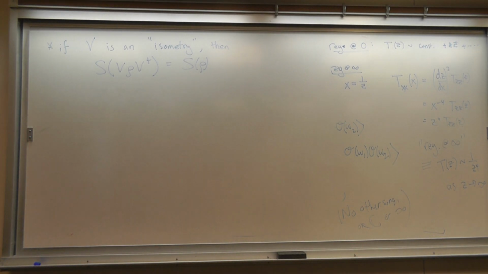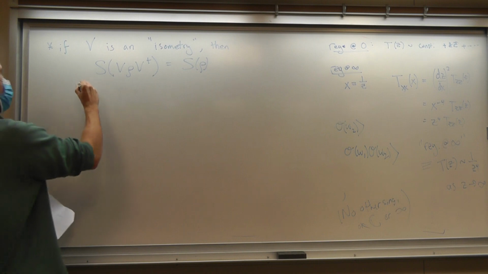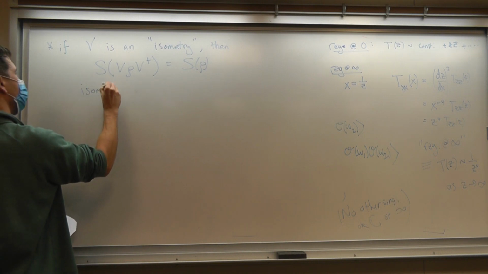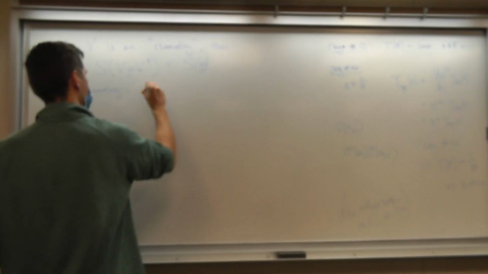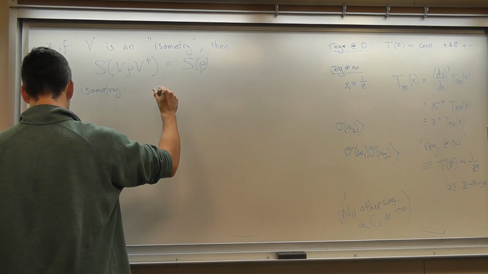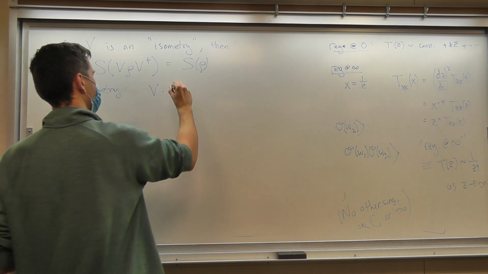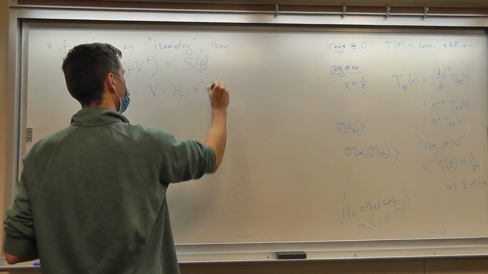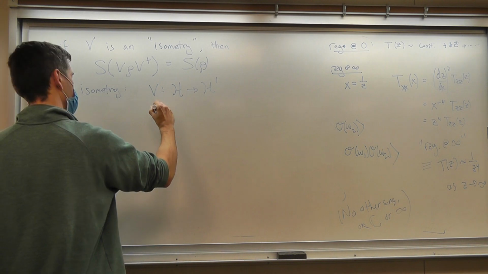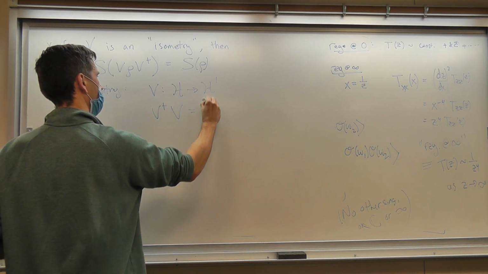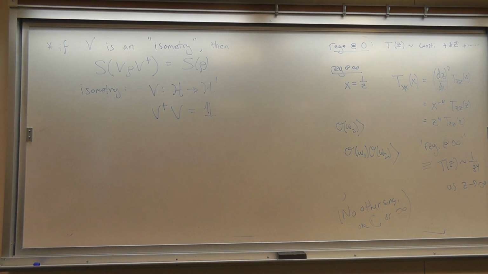So an isometry is kind of like a unitary, but an isometry can map to a bigger space. So V maps H to H prime and satisfies V dagger V is equal to 1. So an isometry is a map whose dagger undoes it, which is undone by its conjugate. We're used to thinking about unitary operators that do that, but an isometry is a more general thing.